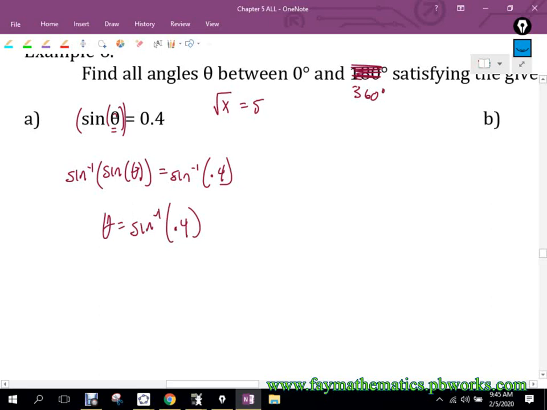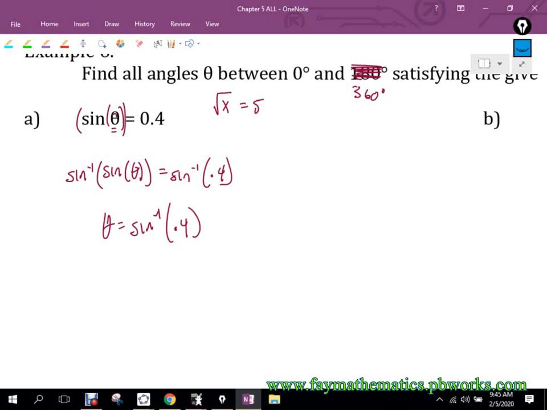If it's sine inverse of a number like 1/2, I automatically know that's 30 degrees because it's the opposite over hypotenuse of a special right triangle. If I have sine inverse of radical 2 over 2, I know automatically that's 45 degrees. If it's sine inverse of radical 3 over 2, I know automatically it's 60 degrees, just because of the linking between those special right triangles and the ratios that we've seen a lot so far.